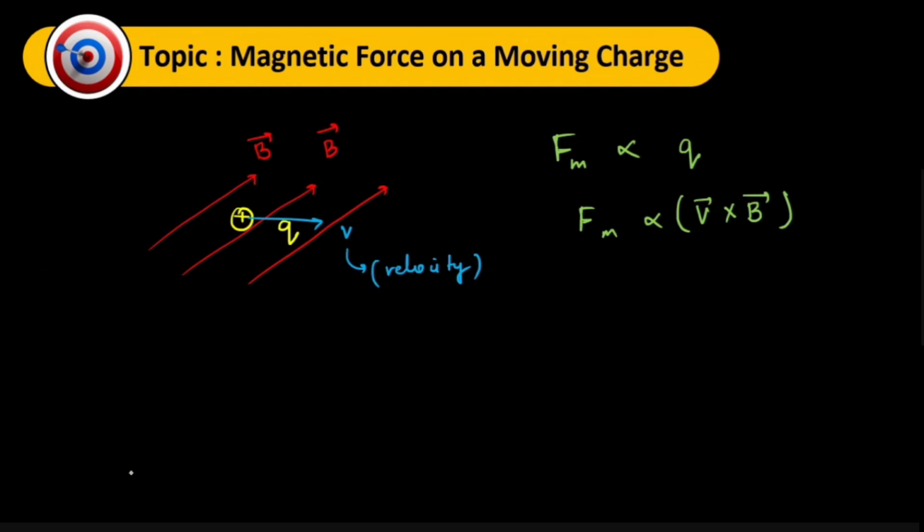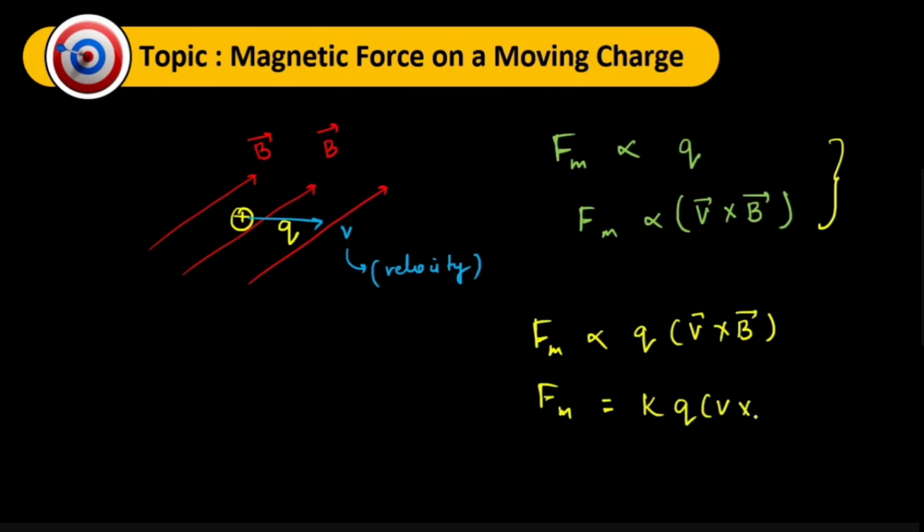When we combine these two, we get Fm, the magnetic force, is directly proportional to charge times V cross B. When we remove the proportionality sign, we get K in the equation, and this K in this case is equal to 1.